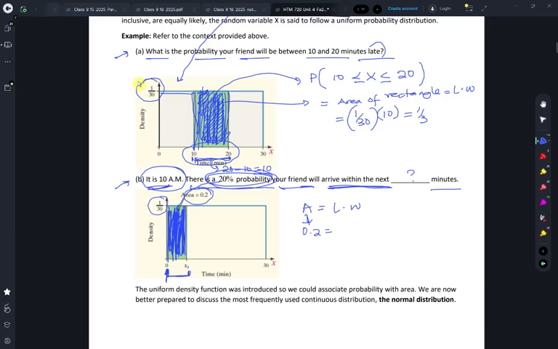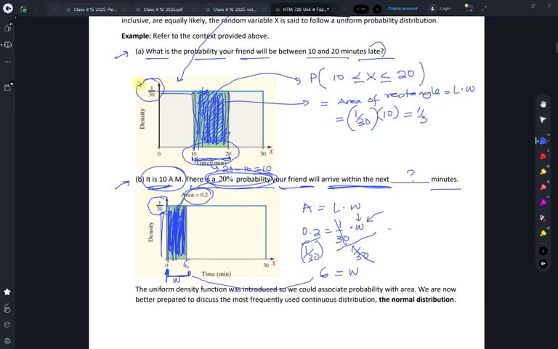The length of this rectangle we know is fixed as 1 over 30, and the width is what we do not know. So to solve this, to isolate our w, I'll divide both sides by 1 over 30. So you have 0.2 divided by 1 over 30, and that would be equal to our w, which will be equal to 6.